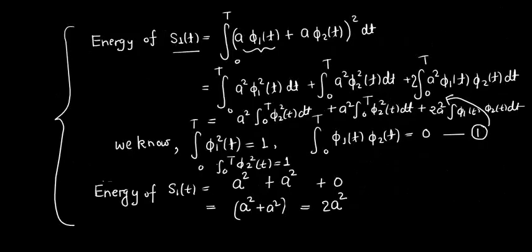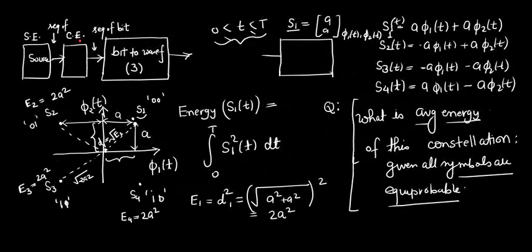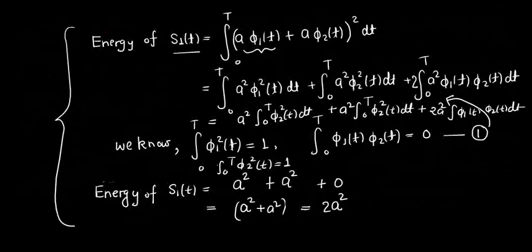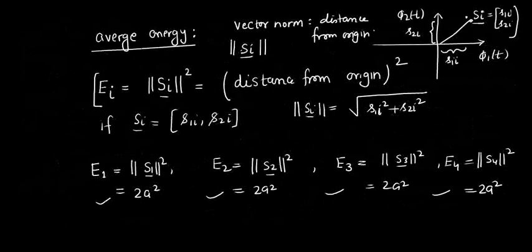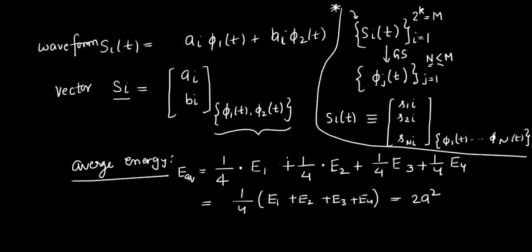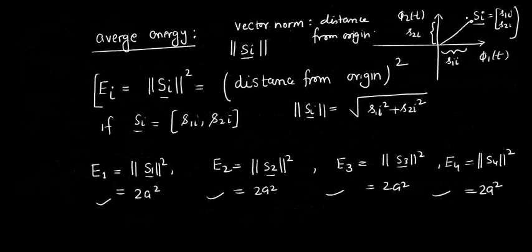So, we were discussing the concept of average energy, and while discussing it, we have seen that the energy of s1(t) is the same as the norm of that vector squared, where the norm is the distance of that vector from the origin.